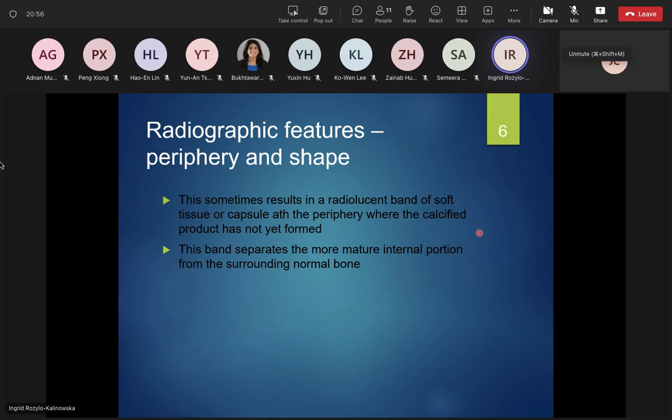And this band separates the more mature internal portion from the surrounding normal bone. Lesions which are benign can also be completely radiolucent.